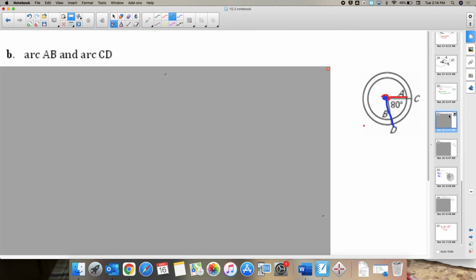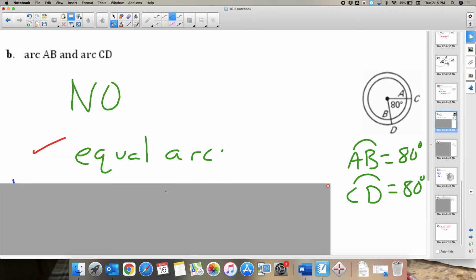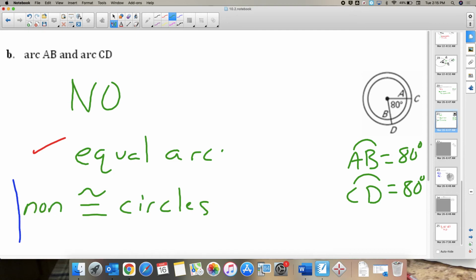In our next example, we have that central angle being 80 degrees, so arc AB will equal 80 degrees. Arc CD will also equal 80 degrees. However, my two circles are not the same size now. So yes, we had the equal arcs, but they are non-congruent circles, so it will not work.